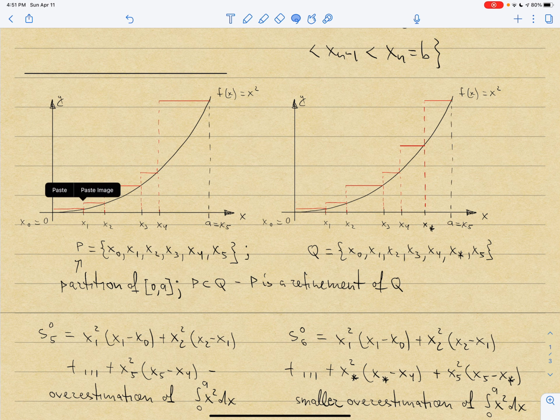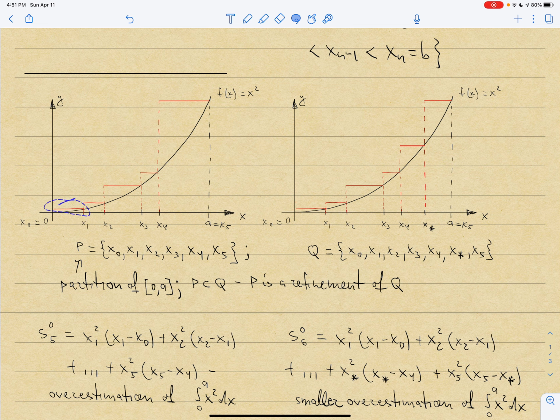So then if I use f of x1 as the height, then the height of a rectangle equal to f of x1, which is x1 squared in this case, is going to give the largest possible area of the first rectangle.